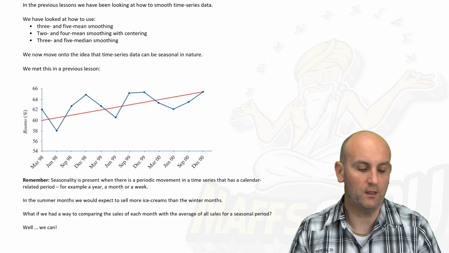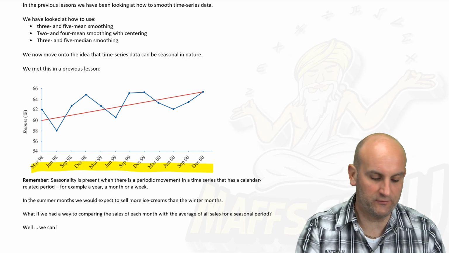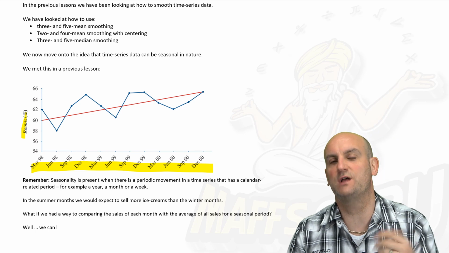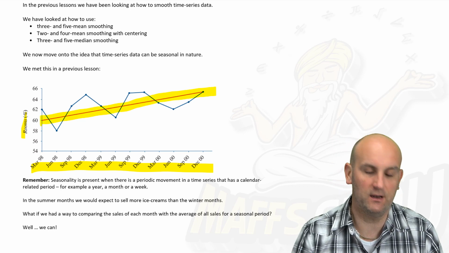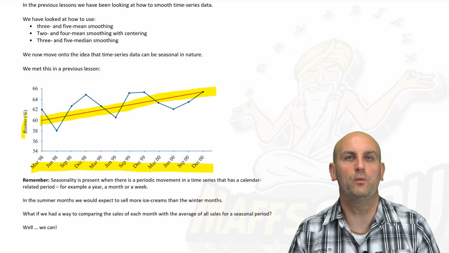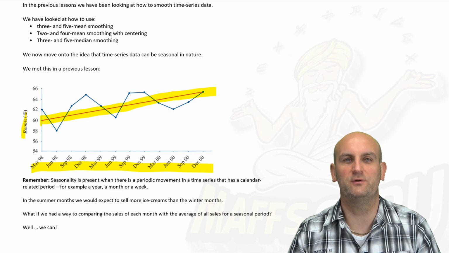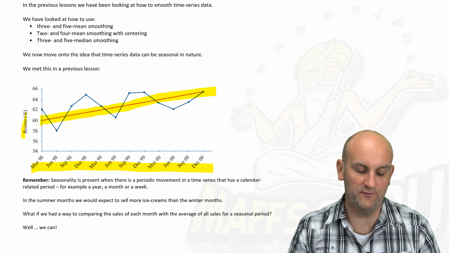In the previous lesson, we came up with this graph with time along the bottom and room percentage, this was hotel occupancy rates, and we saw that by drawing on this trend line, this line of best fit, this least squares line, if you want to call it that, would give us an idea of whether things were increasing, decreasing, or in fact had no trend whatsoever.